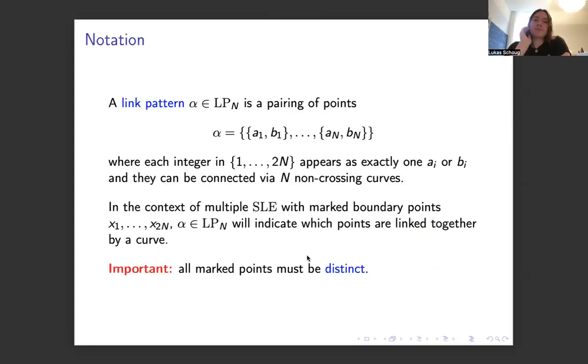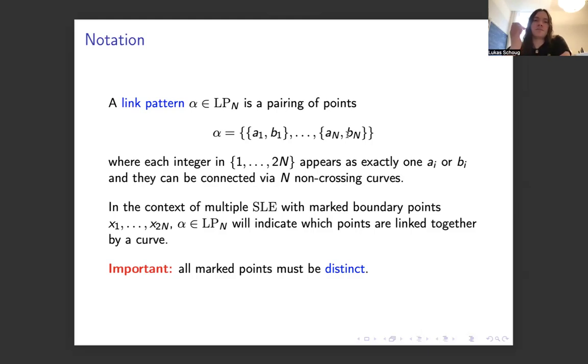So some notation that we will need here is the notion of a link pattern. So we pick 2n endpoints, and we designate pairs of points which should be paired together, so that we should be able to draw a link between them. And when considering these points on the real line, then any 2 points in these pairs should be connected by an arc in the upper half plane in a way so that no two arcs cross each other.